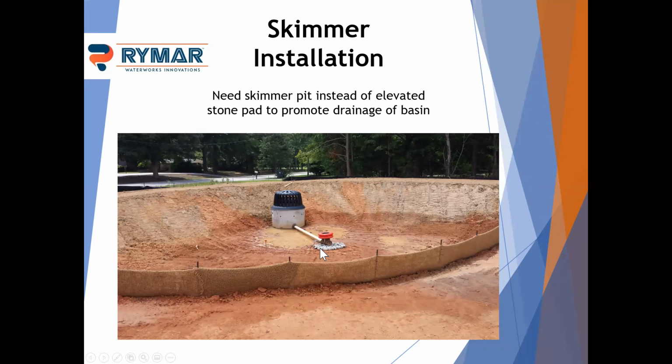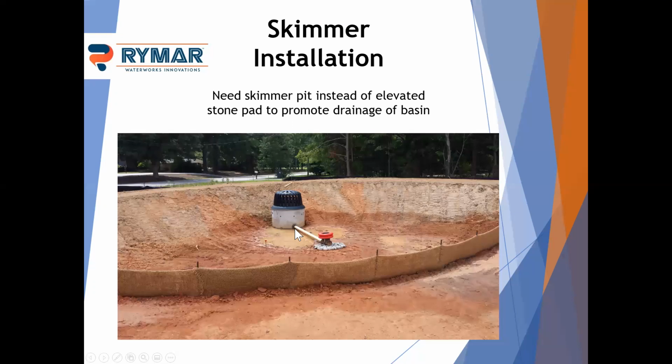One thing to point out here is this stone pad. The way the contractor put this in, he graded everything and then put the stone in. And so by doing that, you're going to have a 6 to 8 inch volume of water staying in this basin pretty much all the time. And so it's going to be hard to get it dry and hard to get vegetation established, especially in this area right around the outlet. So we recommend that they actually grade that out and set the skimmer down as far as you can.